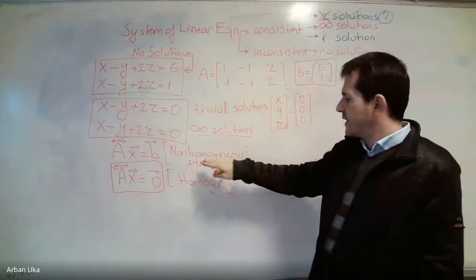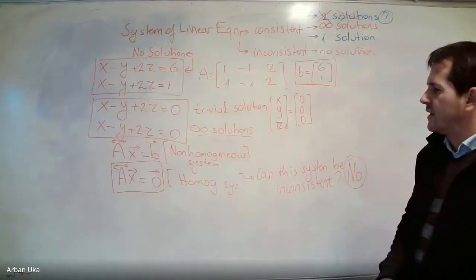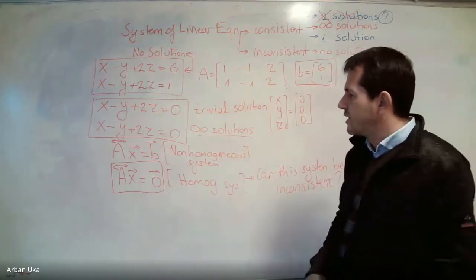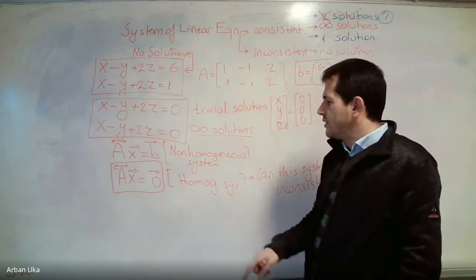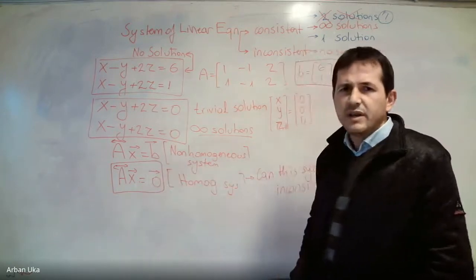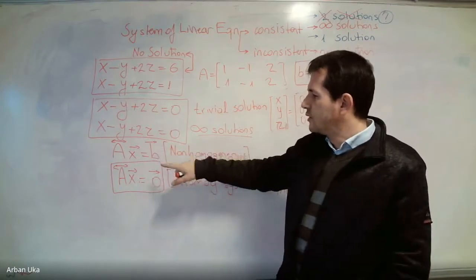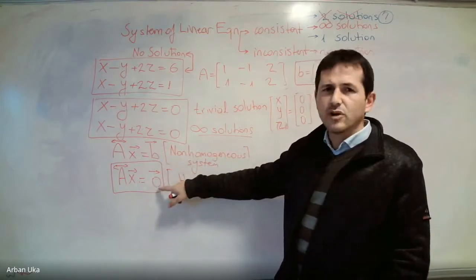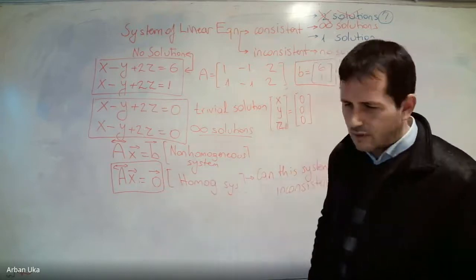So here we have a non-homogeneous system and a homogeneous system. And in this case, we can say that the general solution of such a non-homogeneous system of equations includes in itself the solution of the homogeneous system. Okay? So now, let's think for a moment.